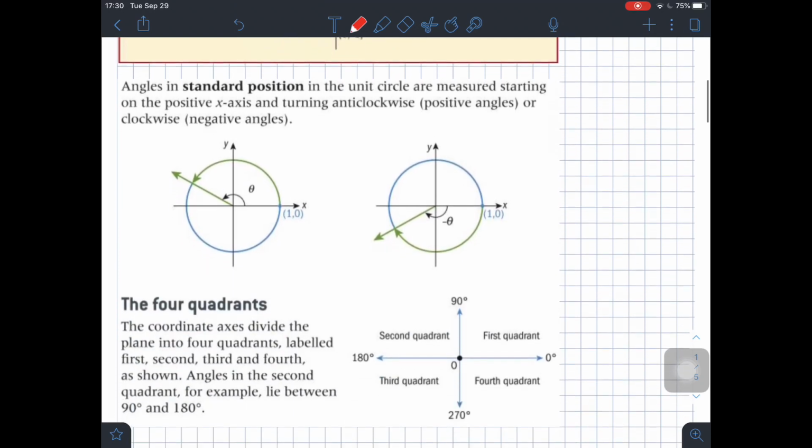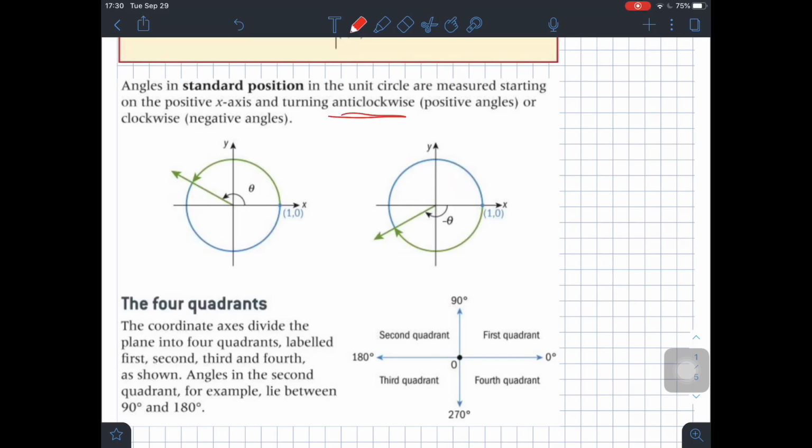Then it says, angles in standard position in the unit circle are measured starting on the positive x-axis and turning anti-clockwise for positive angles or clockwise for negative angles. So in this case, we're always starting on the positive x-axis, and we turn anti-clockwise, or counterclockwise, which means we go in the opposite direction of the clock.